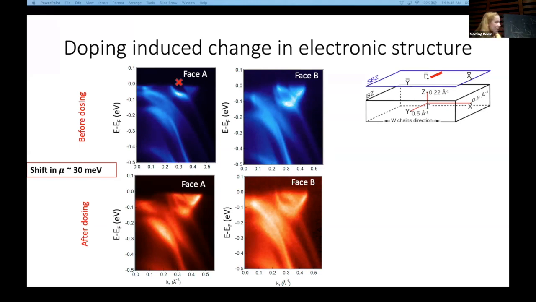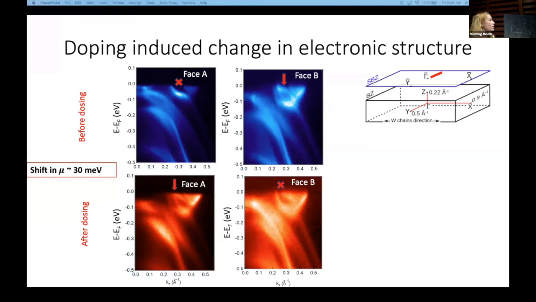So on face A, initially, there was a gaping hole between the electron and the hole-like band, and afterwards it has been filled by some states, and exactly the opposite thing is observed on face B. Initially, there were states, and then they are gone. And if you don't believe this image that they're gone, I'll show you a Fermi surface map that maybe shows it a little bit clearer.